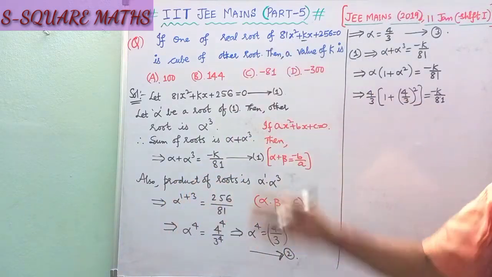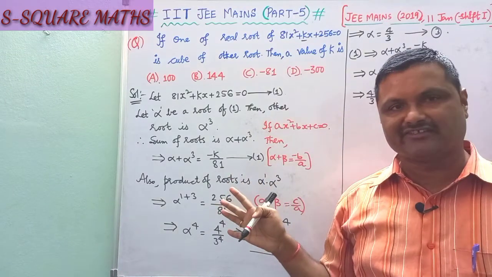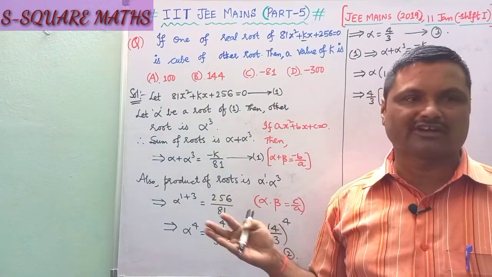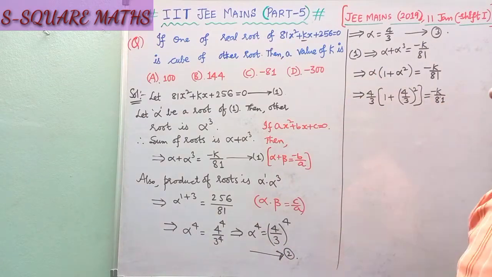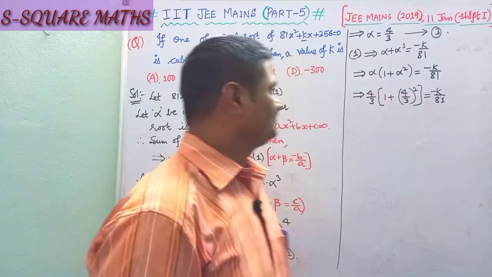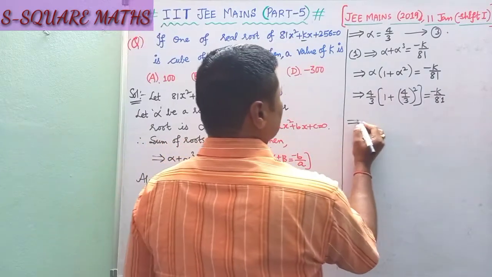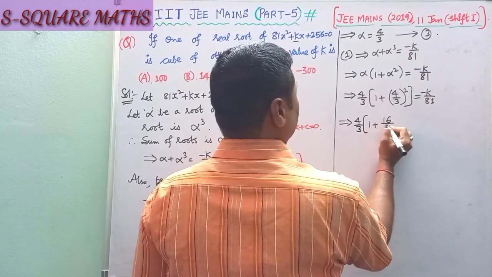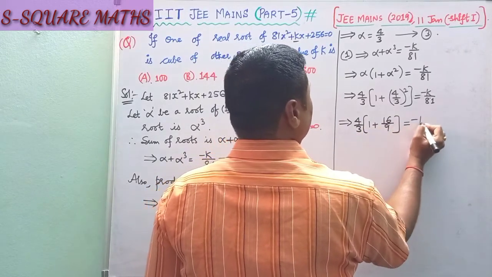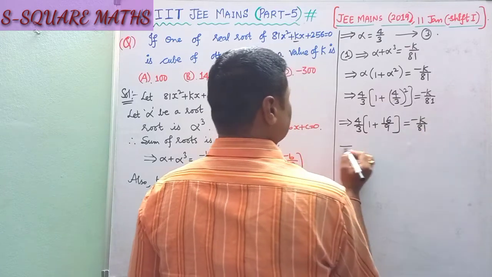So the basic steps up to here use basic knowledge of quadratic equations, sum of the roots and product of the roots. Now simplification gives the value of k. I can write 4 by 3 into 1 plus 16 by 9 is equal to minus k by 81.